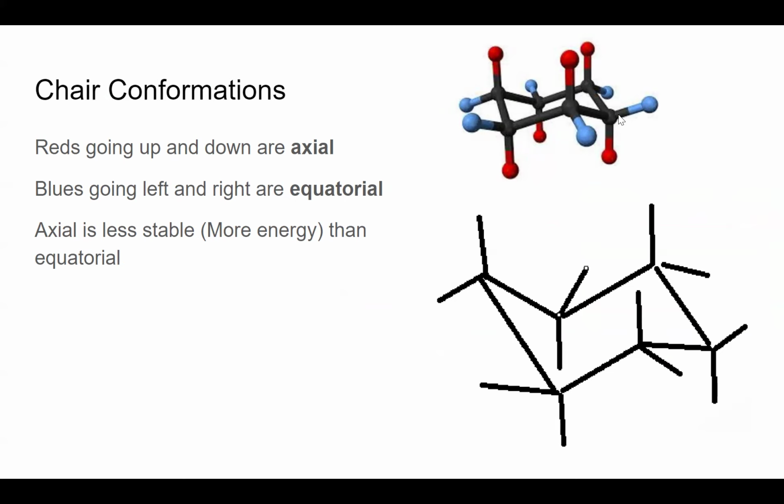Normally, the ones going up and down are considered axial, which has a higher energy and is less stable, and therefore most compounds connected to the cyclohexane would prefer to be equatorial. There are situations where there are multiple compounds connected to the cyclohexane, and that results in both axial and equatorial positions.